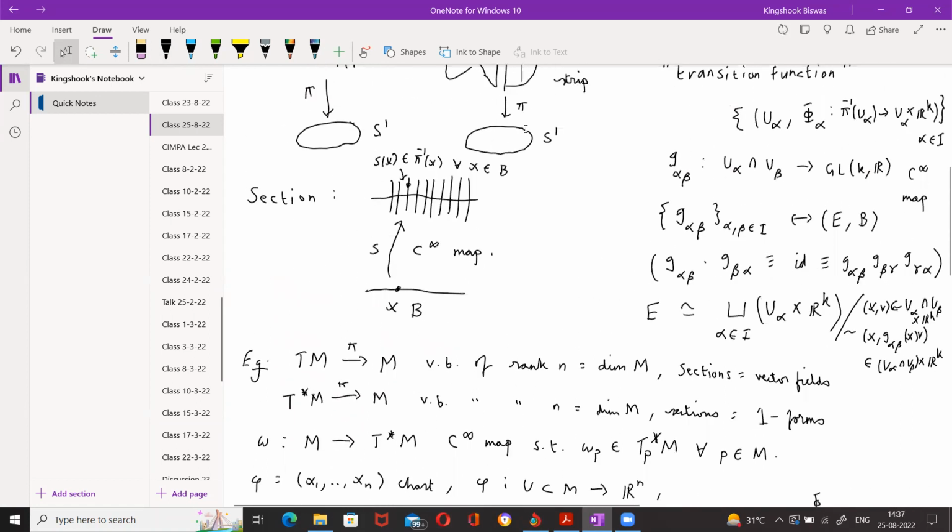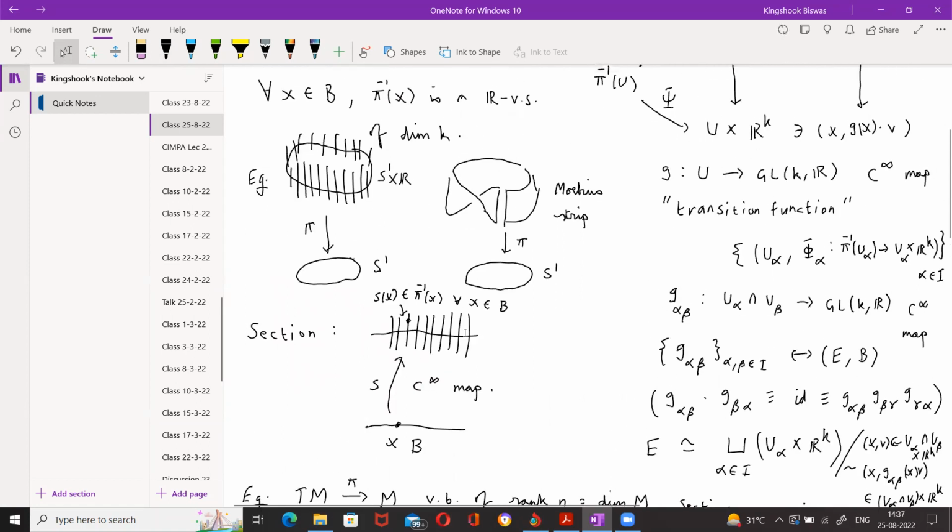Since sections take values in a vector bundle, we can add sections pointwise, right? There's one notation which is useful, which I forgot to mention: the space of sections. The sections form a vector space, and the space of sections is usually denoted by Γ(E).